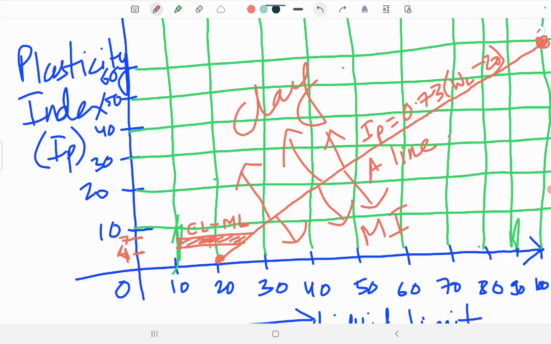So whatever is plotted down, it is written as silt or organic soil.